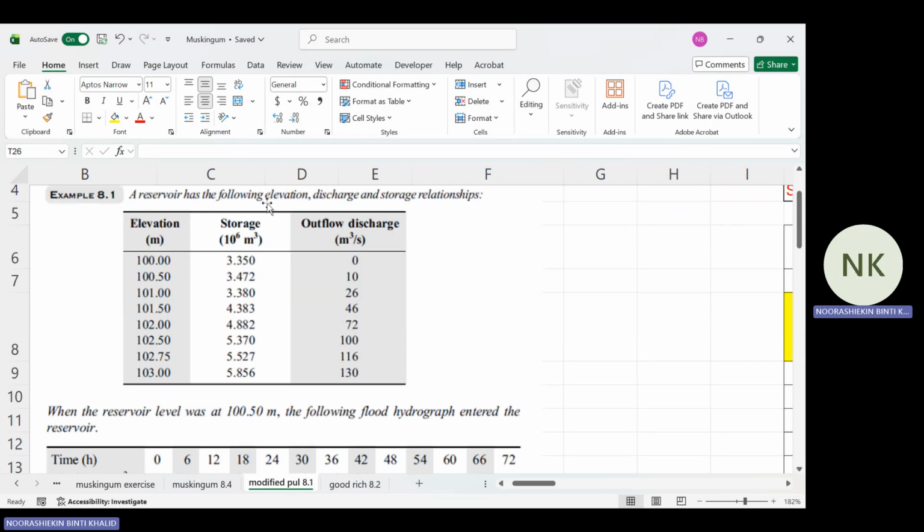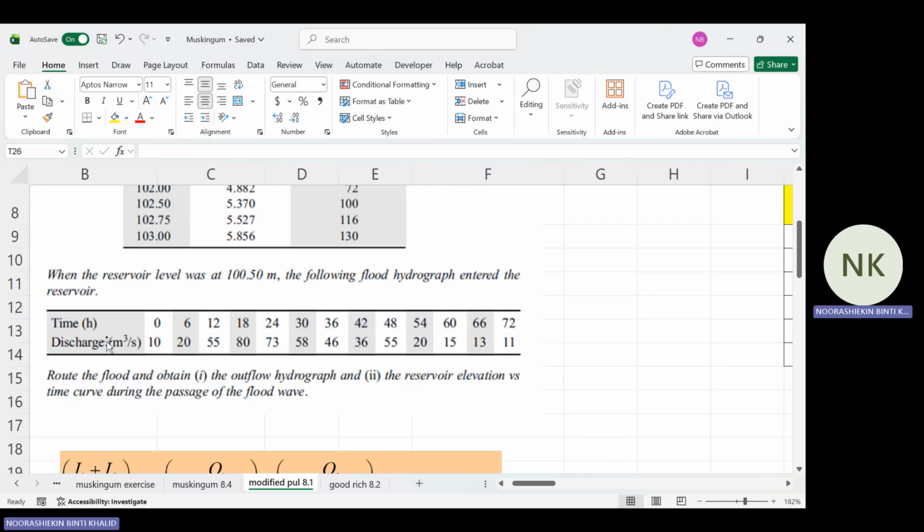A reservoir has the following elevation, storage in 10 to the power of 6, and outflow. It states here that when the reservoir level was at 100.5 meters, the following flood hydrograph entered the reservoir, with time and discharge. Route the flood and obtain first the outflow hydrograph, second the reservoir elevation.